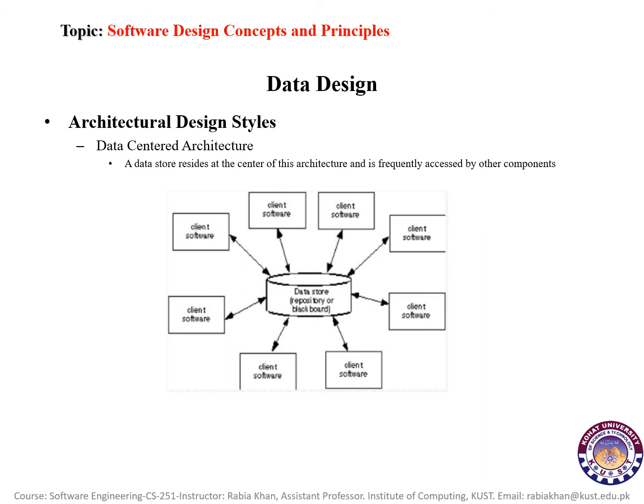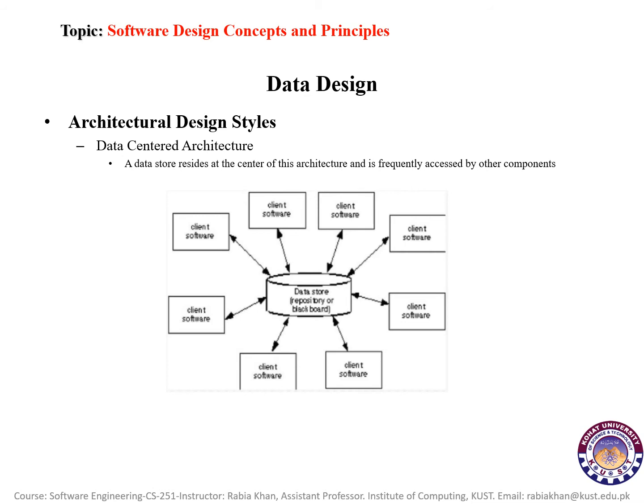Number two, a set of connectors that enable communication, coordination, and cooperation among these components. Number three, the constraints that define how components can be integrated to form a complete system. And number four, the semantic models that enable a designer to understand the overall properties of a system by analyzing the known properties of its constituent parts. So these are the four elements of an architecture.